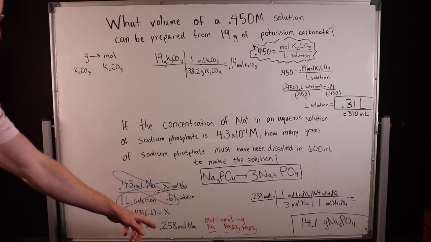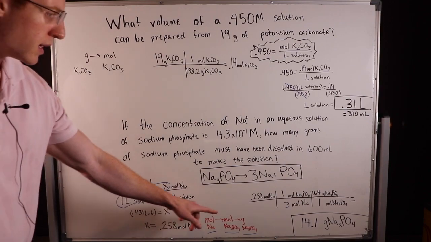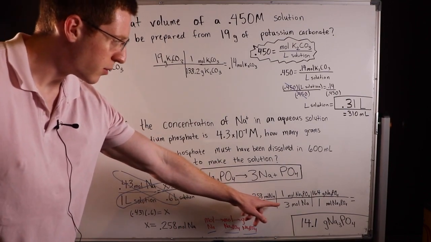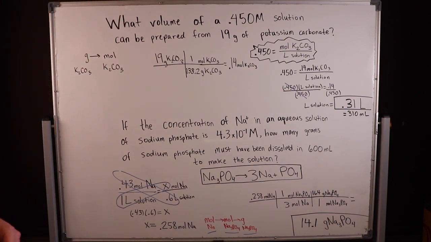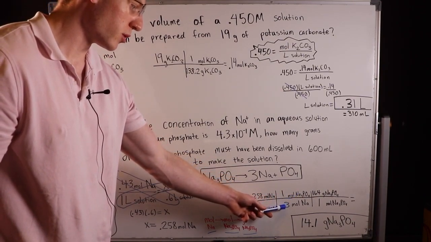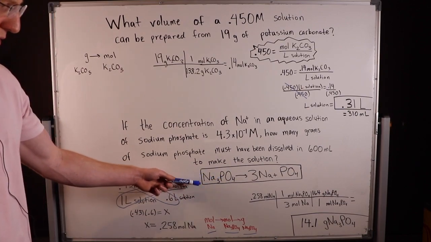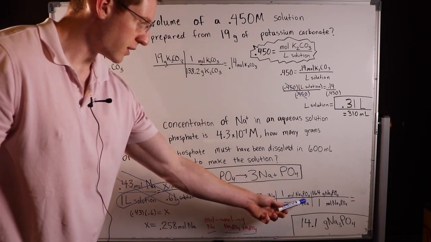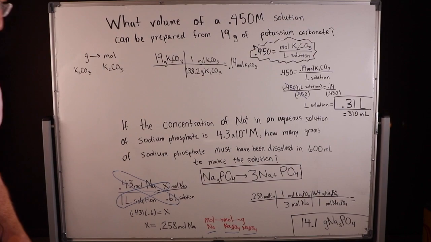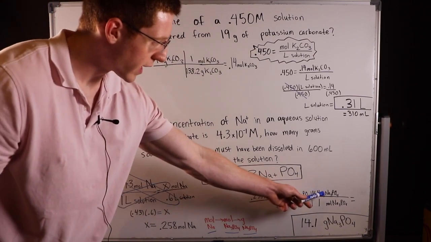We know we had 0.258 moles of sodium, and then we crossed the mole bridge. We're going to cancel out moles of sodium down here, and then go to moles of sodium phosphate. There are 3 moles of sodium for every 1 mole of sodium phosphate. Then we'll cancel out the sodium phosphate moles down there by going to grams of sodium phosphate.